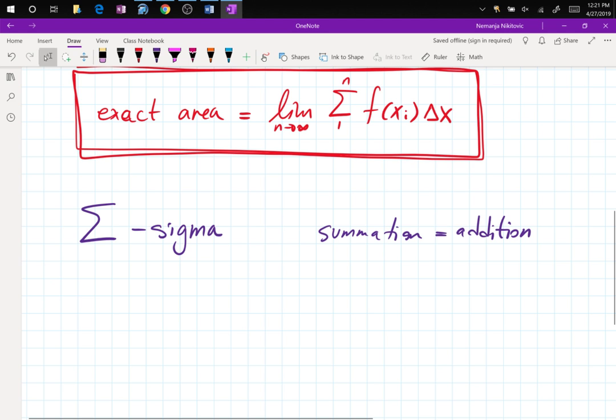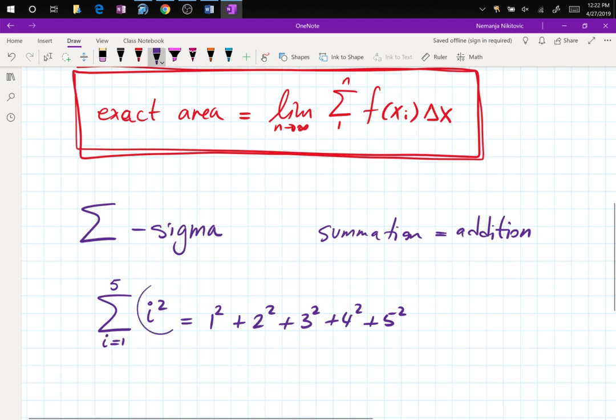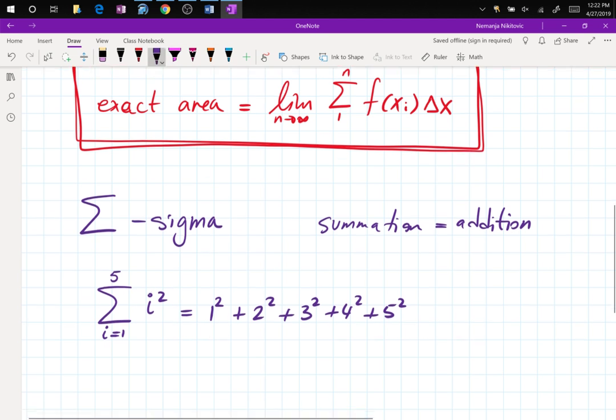And the way it works is you say i starts at 1 and ends at 5. And let's say you have i squared as a formula inside. So your i is 1 on a first run, so 1 squared, plus 2 squared, plus 3 squared, plus 4 squared, plus 5 squared. You have to run through all of the integer increments from 1 to 5, and you have to plug those into the formula that contains this i.